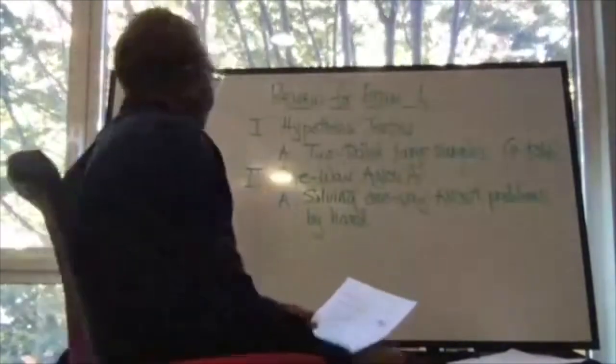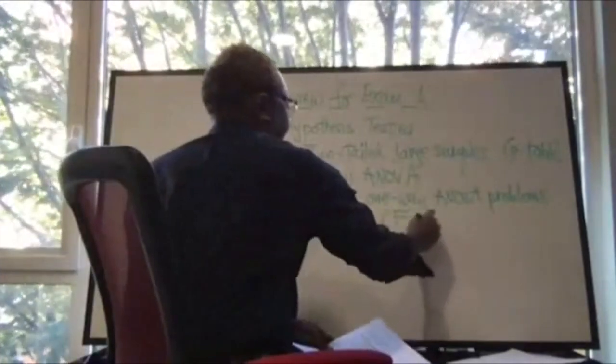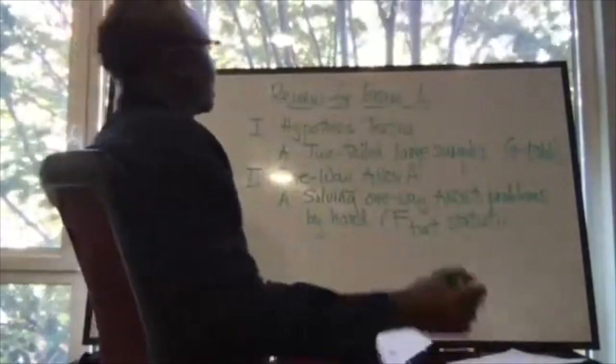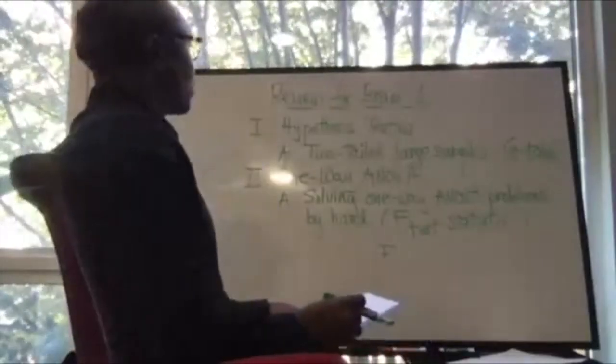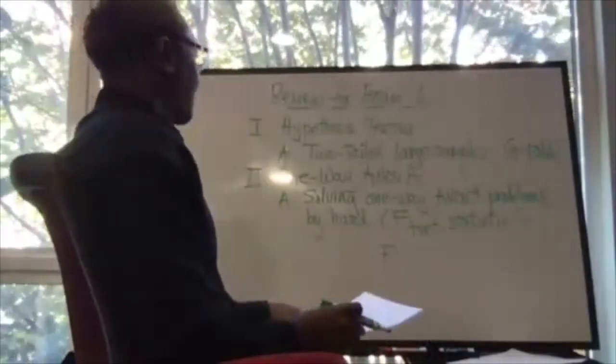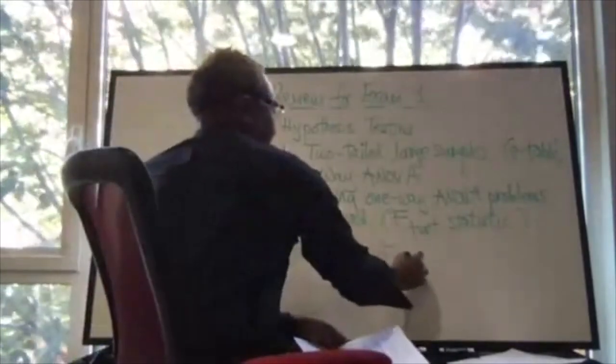Okay? And what that simply means is we went through that long process of finding the F-test statistic, where F-test equals N times S squared sub X bar over S squared pooled. Yes, that says one-way ANOVA, correct? Yes, solving one-way ANOVA problems by hand.